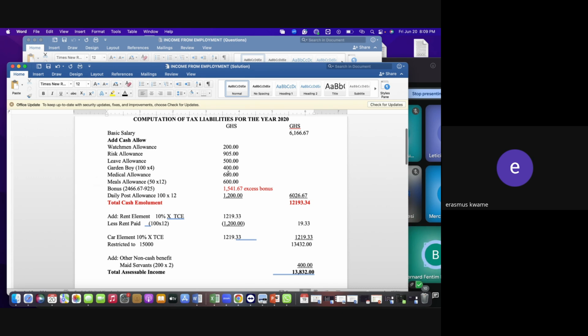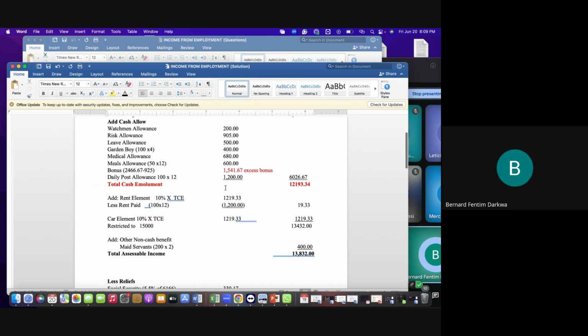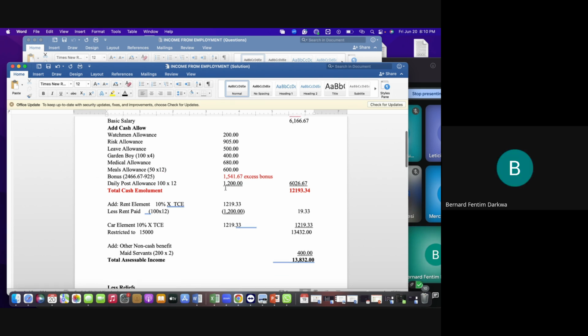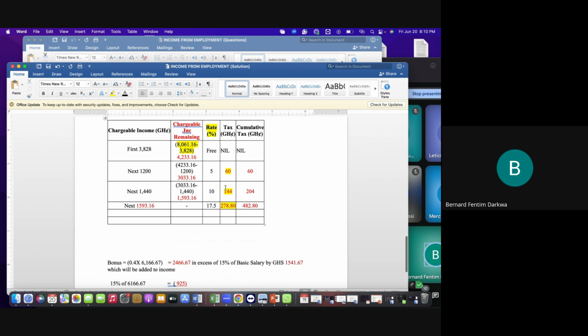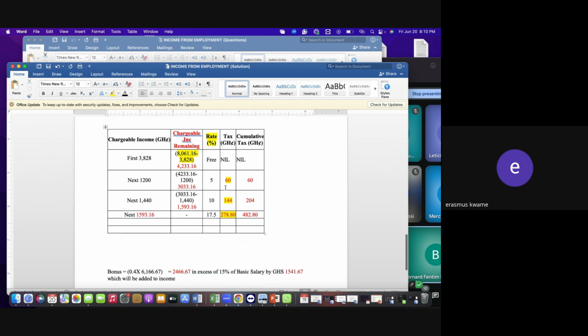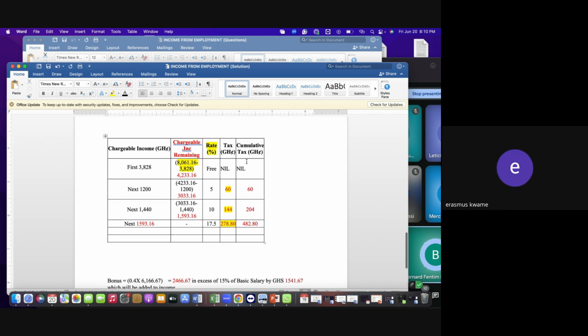This one or the table? Doc, the table. This one? Or the one in the question? The table where we have the tax and then the accumulated aspect of it. This is it. Yes, Doc.